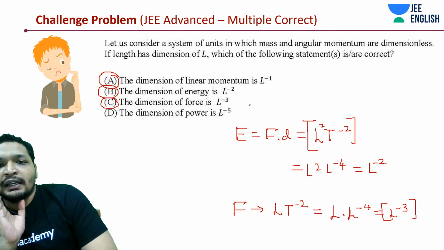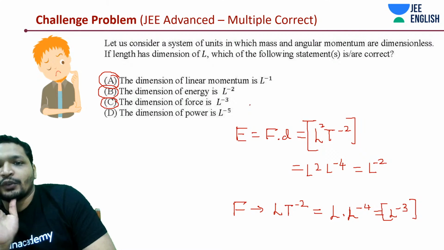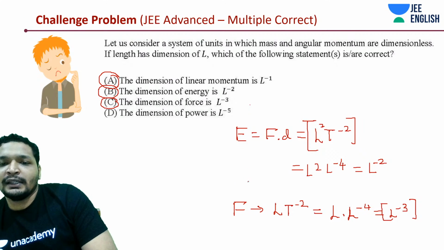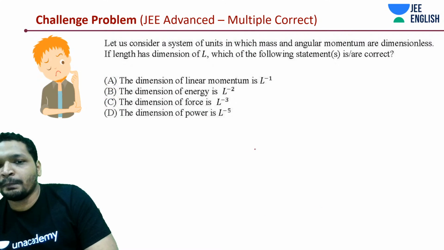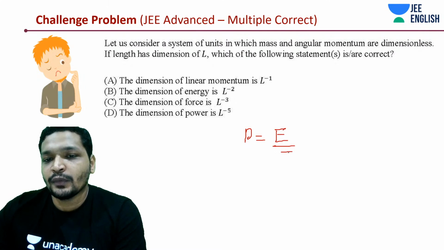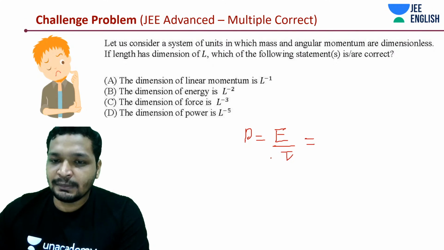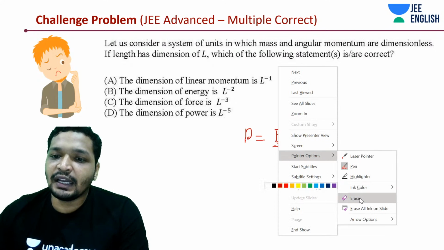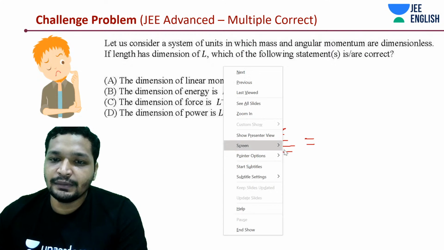That wouldn't have been possible in the angular momentum case, but in this case you could have directly divided with L. You have got the answer. And what about power? Power is energy by time. So in this specific unit system, we can write it down as something like this.